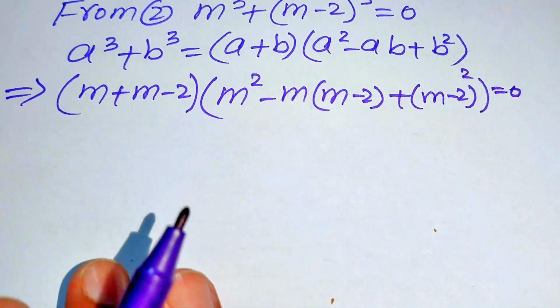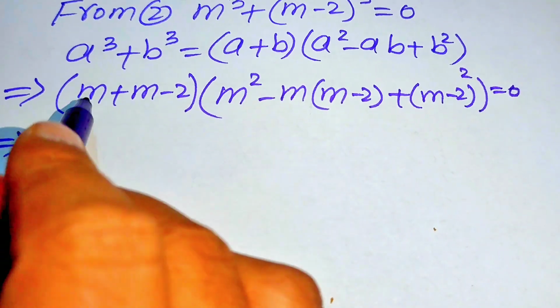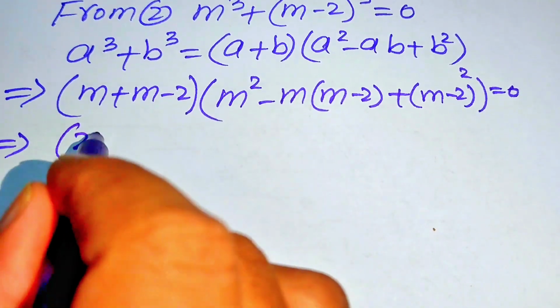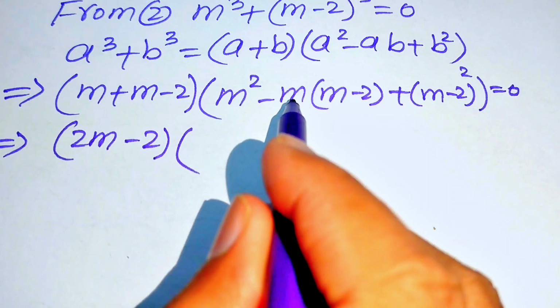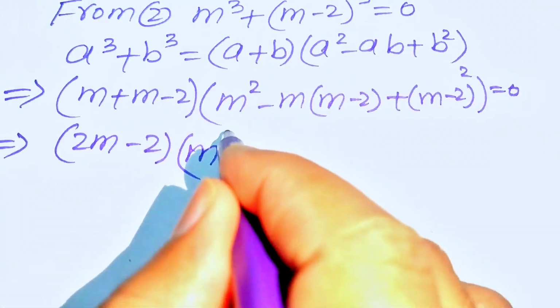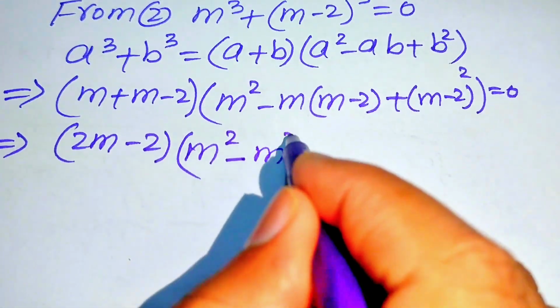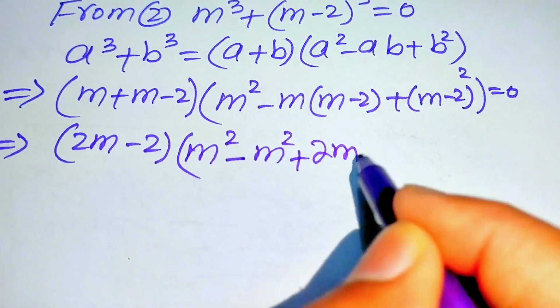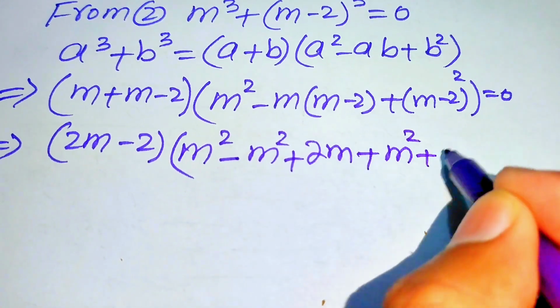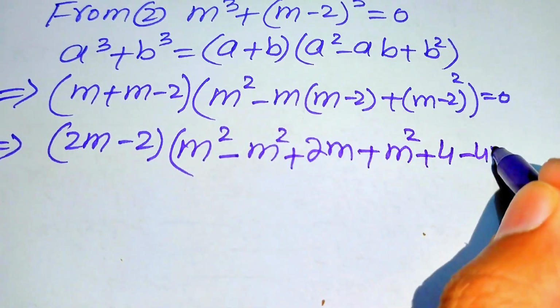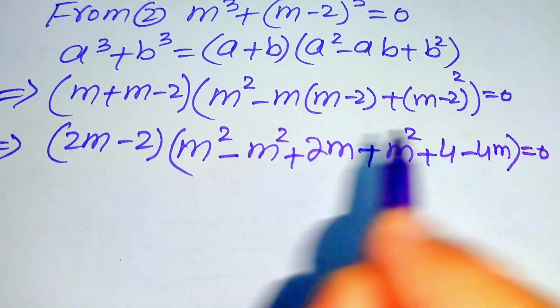So here we need some simplifications, and we have m plus m equals 2m minus 2, and here we multiply this m on both of these terms, and it becomes m squared minus m squared plus 2m, and we open the square of this term, and it will be m squared plus 4 minus 4m equals 0.